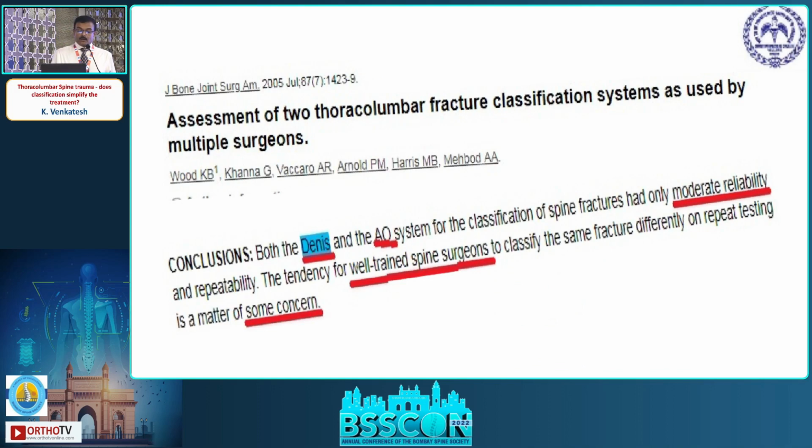Another article, by Vaccaro, on the need for a newer classification, said that both Dennis and AO had moderate reliability and reproducibility, and even for a well-trained spine surgeon it was very difficult. Until 2005, no classification included neurological status. All the classifications were based on X-ray and radiology.